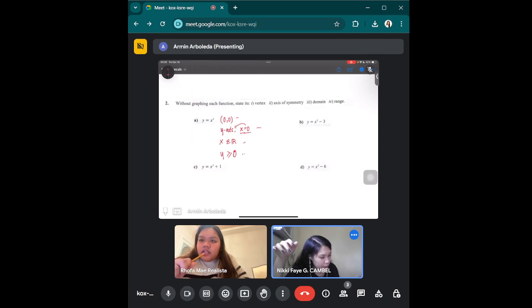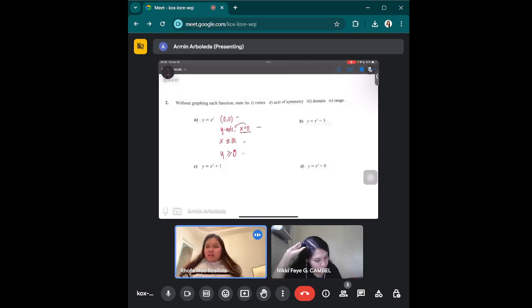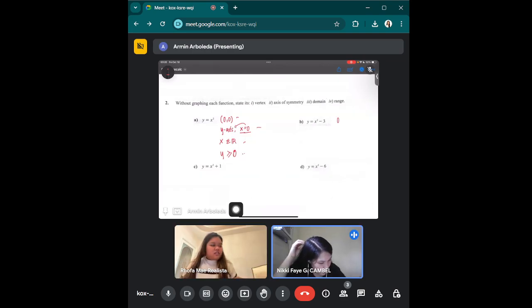How about letter B? What is the vertex for this one? Is it zero and then negative three? Yes, correct. 0 and negative 3, because here is your k, right? And you have no h. This one is 0.